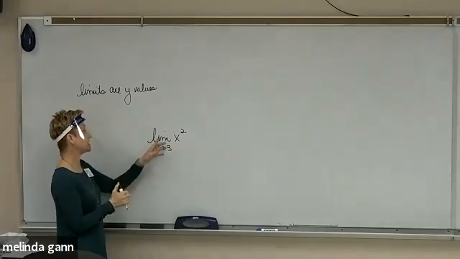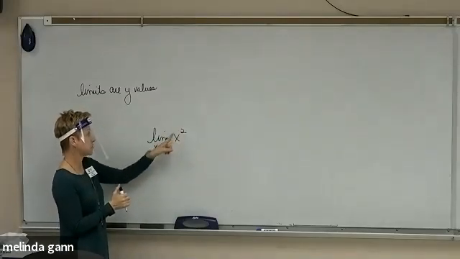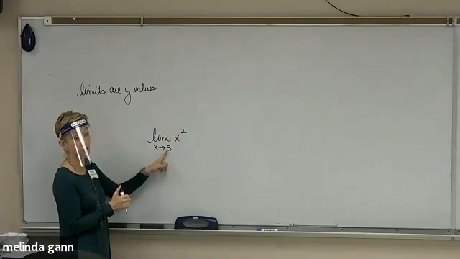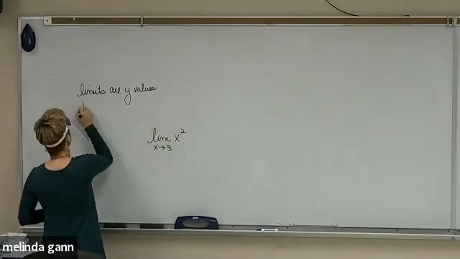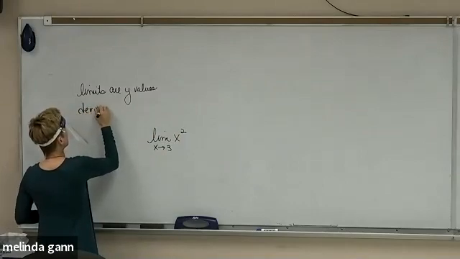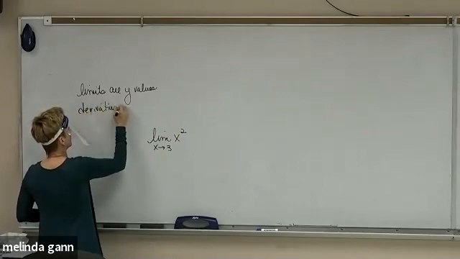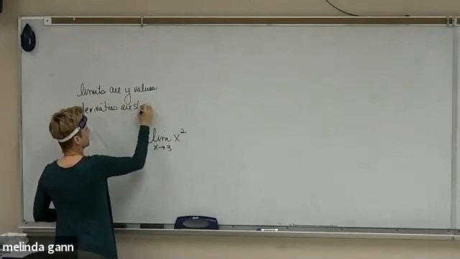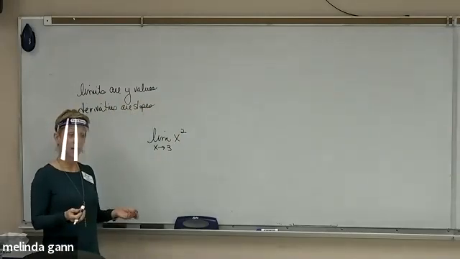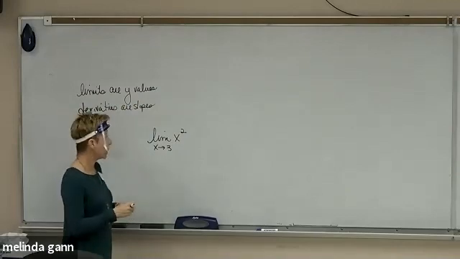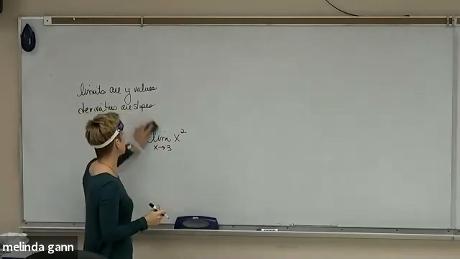What that means is on the graph of y equals x squared, when x is getting closer and closer to 3, is y getting closer to anything? But derivatives are slopes of lines. So they're not the same thing. So the reason I say that is this.